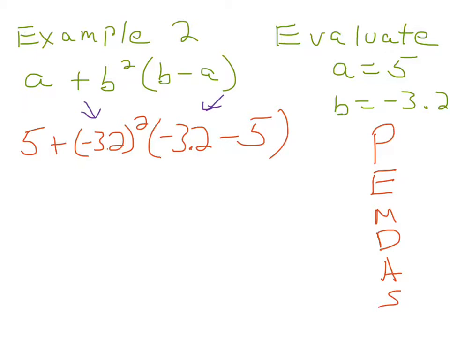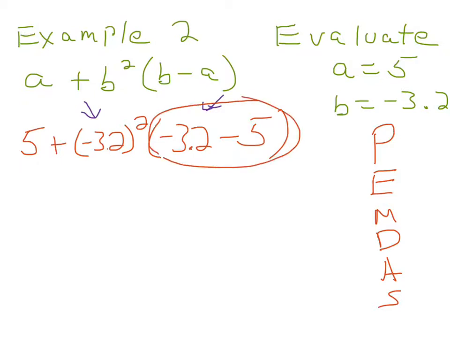We will have an exponent, and we will have to do something with that. And that set of parentheses I put in there to make sure that when I square this quantity, I remember to include the negative sign. Okay, that's going to need to be negative 3.2 times negative 3.2, so we need to make sure to remember that. We're going to start with the big set of parentheses, this one right here.